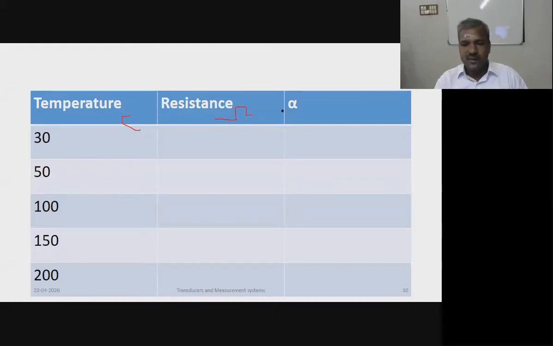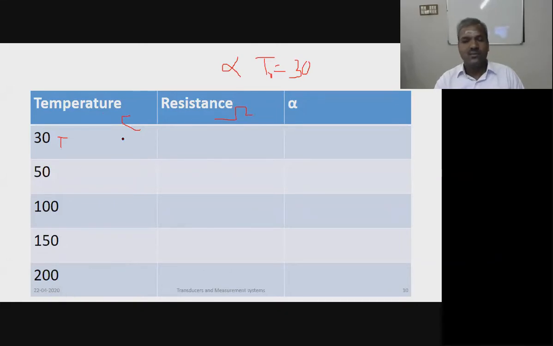Suppose we are estimating alpha at room temperature. First assign room temperature T0 equal to 30 degrees Celsius. Remaining values are T1, T2, T3, T4, T5, etc.